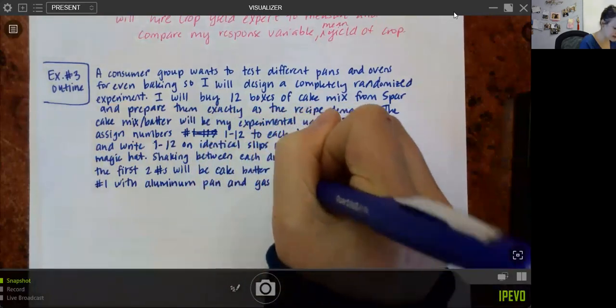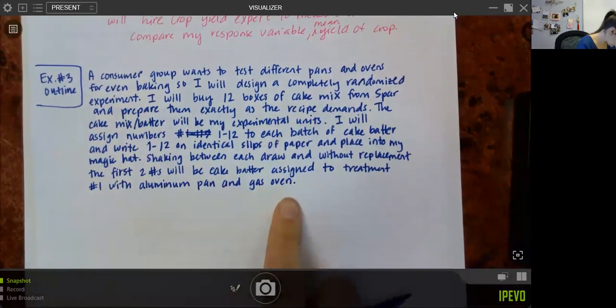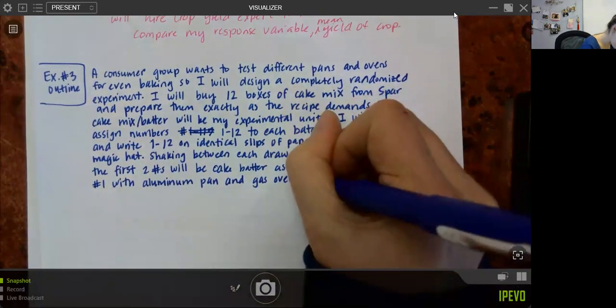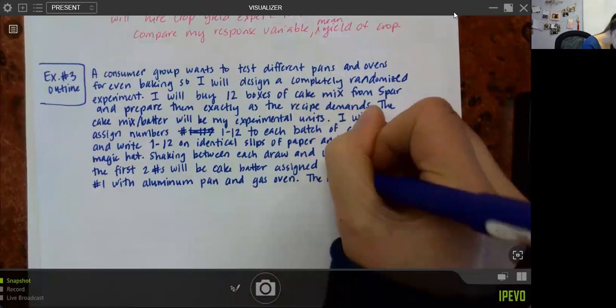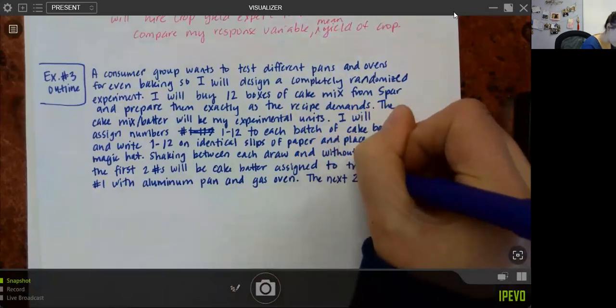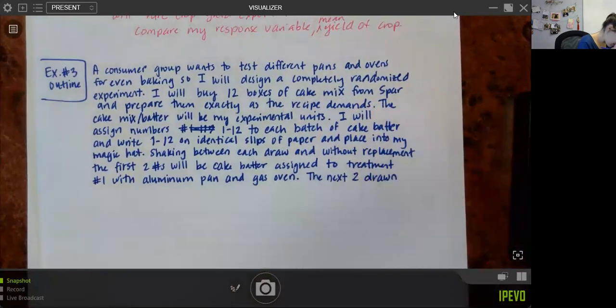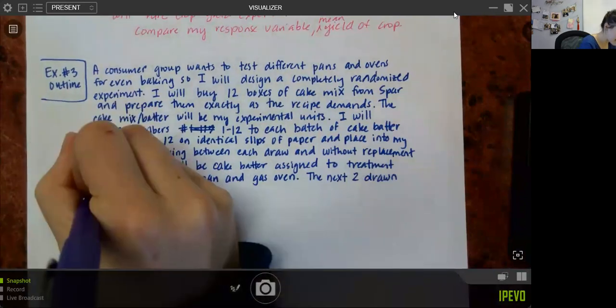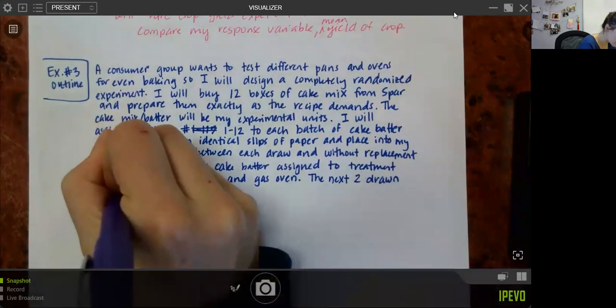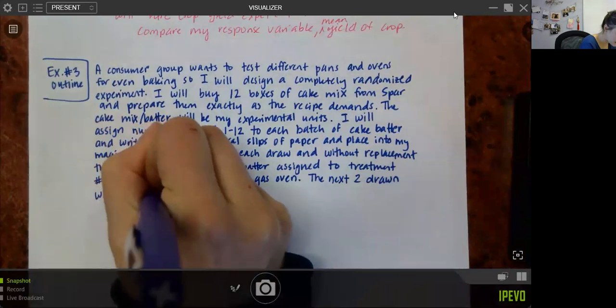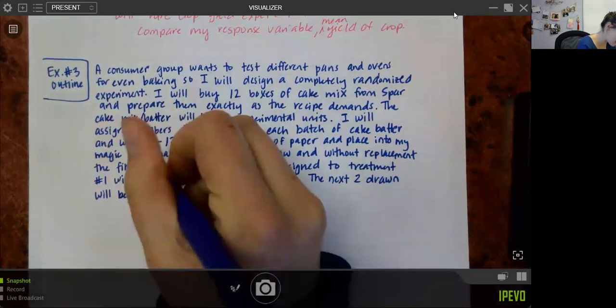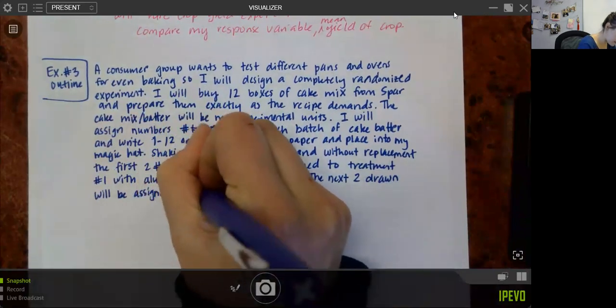So notice here, I didn't abbreviate anything. I wrote it completely out. What are they being assigned? Remember that one of the keys to experimental design and doing a well-designed experiment is that someone should be able to replicate it. If it's not specific enough that it can be repeated, it's not a good experiment.